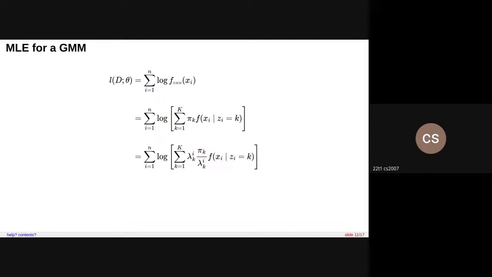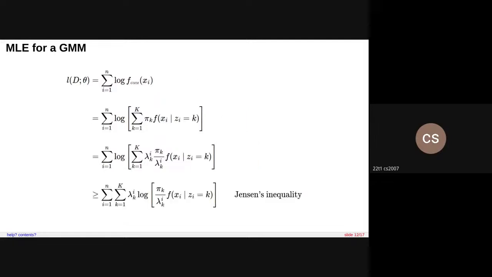So what does this lambda parameter signify? We'll come to that. It signifies something very special, but what it helps us to do is bring the sum outside the log. This is what it helps us to do.